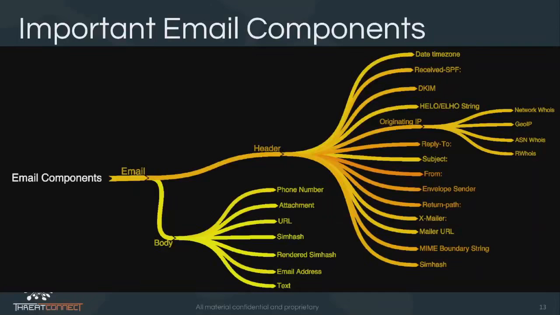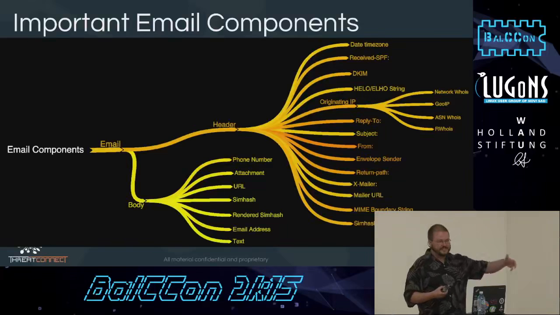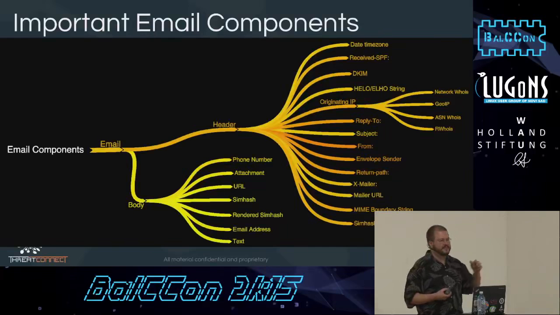SPF and DKIM, these next two are important. DKIM is DomainKeys. Both SPF and DKIM are methods of blocking spam. They're a way to verify whether the sender of this particular email is who they say they are and is coming from the domain that they say they're coming from.